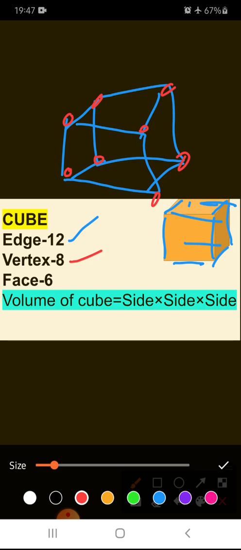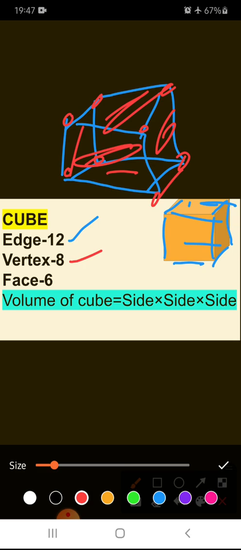Vertex means the corners, so there are 8 corners in the cube. What about the faces? 1 face, 2, 3, 4, 5 and 6. So in the cube, 6 faces are there. And the same is the case for a cuboid. In the cuboid also, edges are 12, vertices are 8, faces are 6.